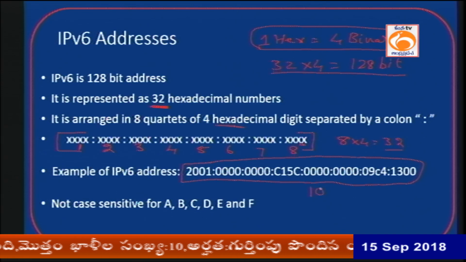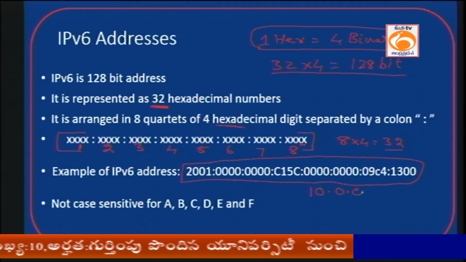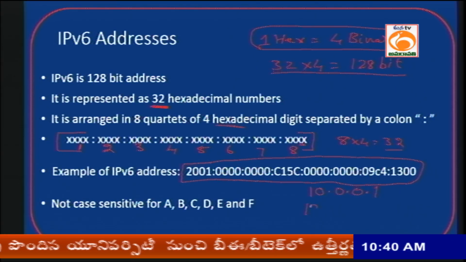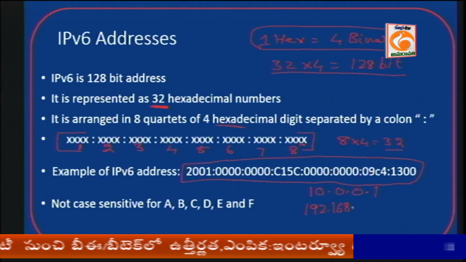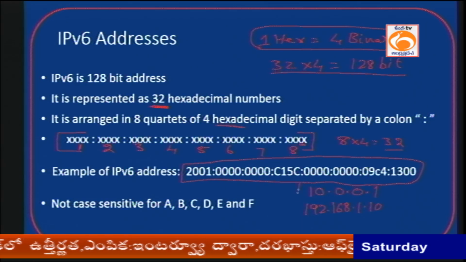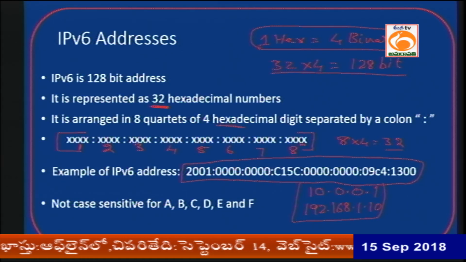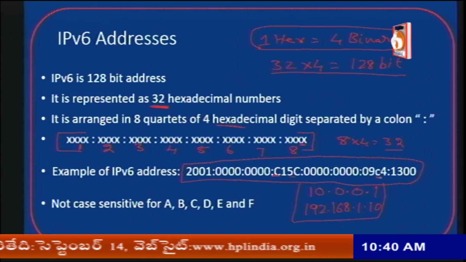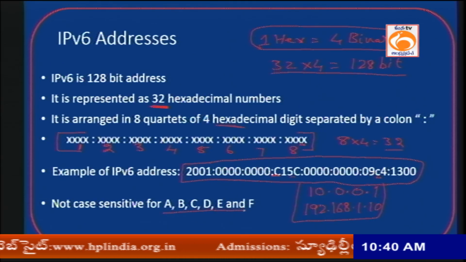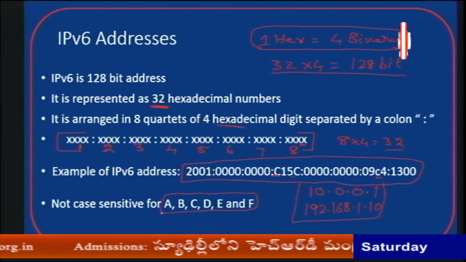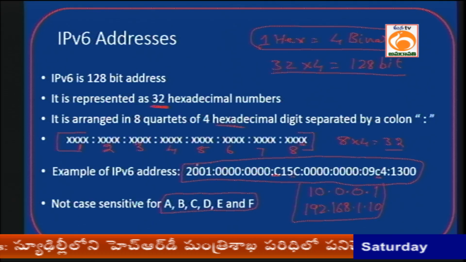Traditionally, IPv4 addresses we have seen 10.0.0.1 or let us say 192.168.1.10. So it looks small when compared with the IPv6 address. And since it's hexadecimal values, these IPv6 addresses are not case sensitive.